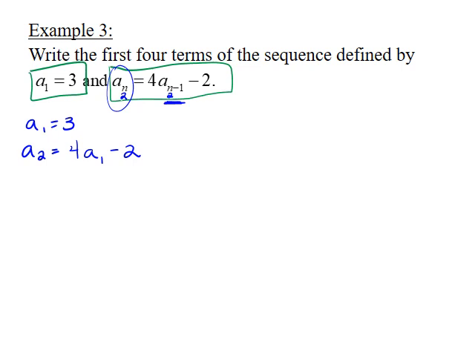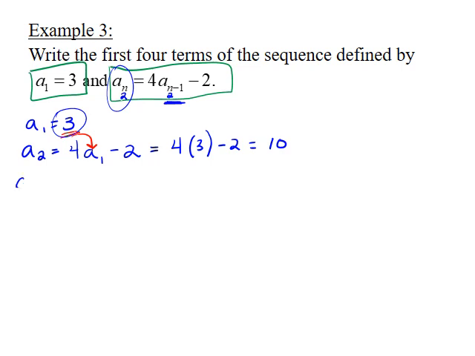And so you can see here that we need the result of the first term to find the result of the second term. So all I'm going to do is plug in this previous result into this formula. So 4 times 3 minus 2 gives me 12 minus 2, which is 10.